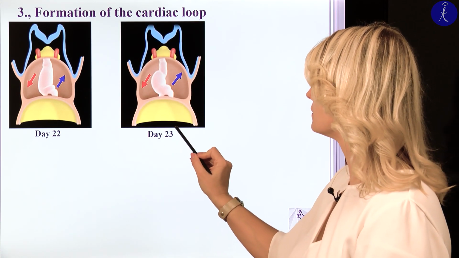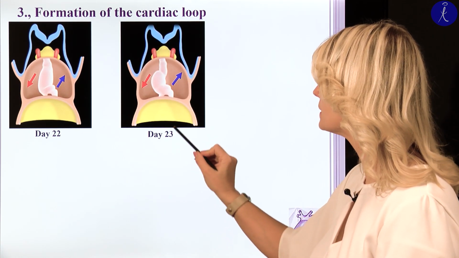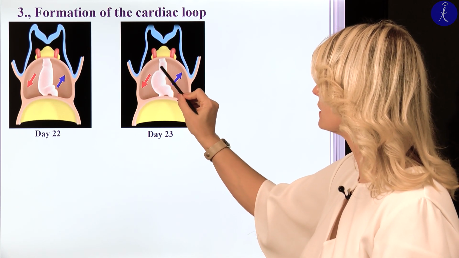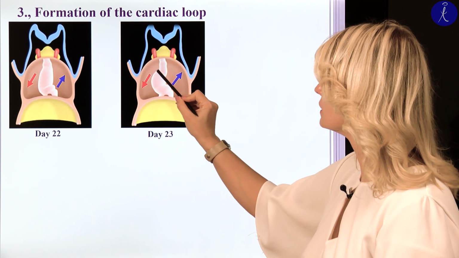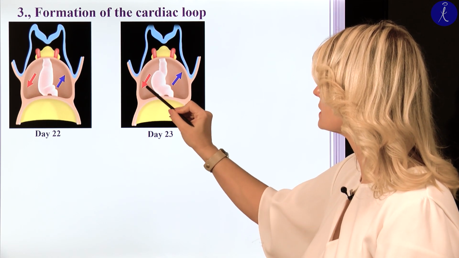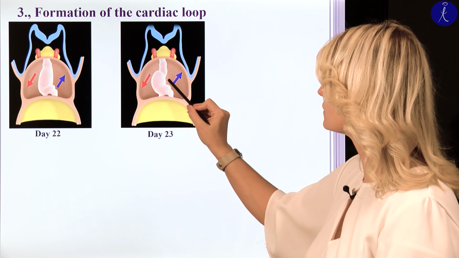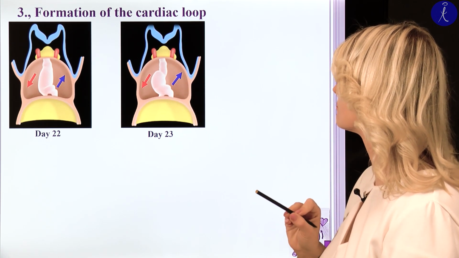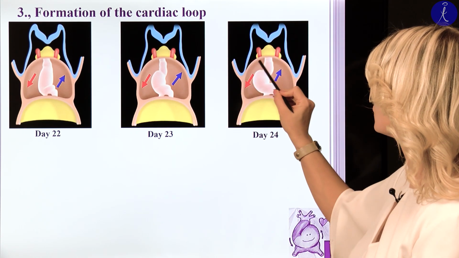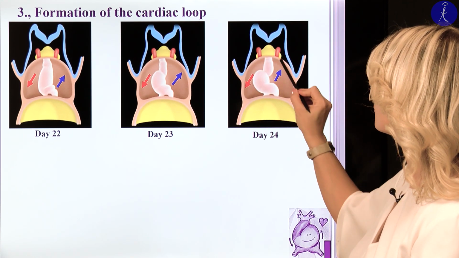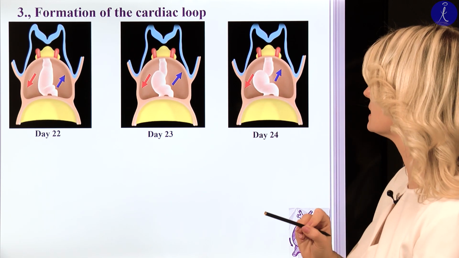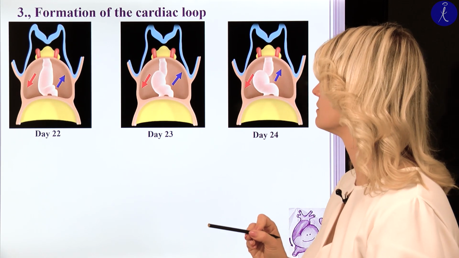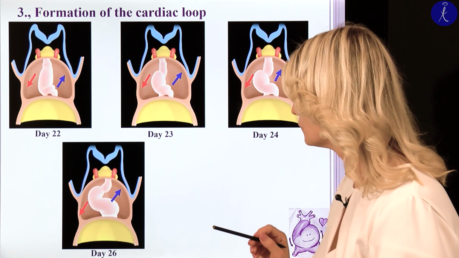Here you see day 23. It is also visible that the cranial part will move to the right side, downward, and the posterior part is moving upward, back to the left. It will continue on day 24. You can see the loops of the developing heart tube.